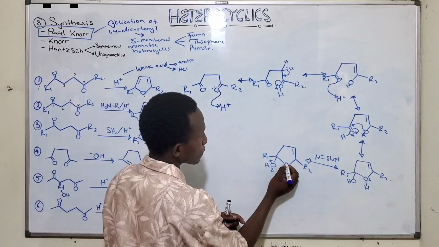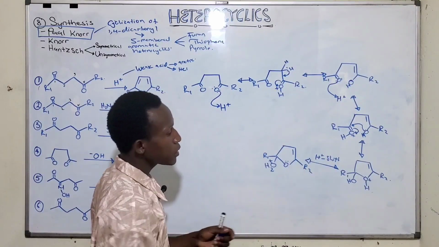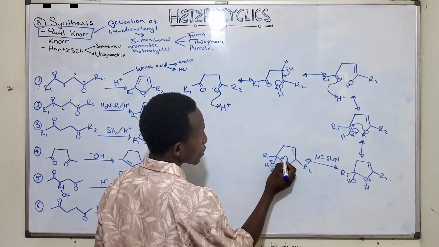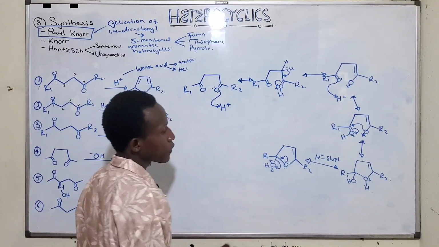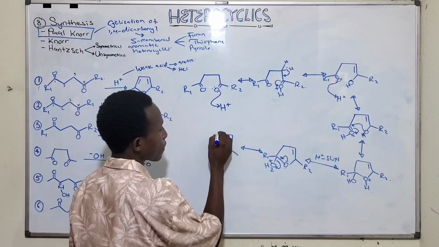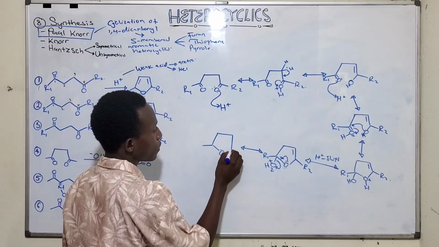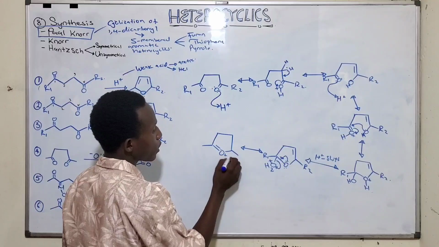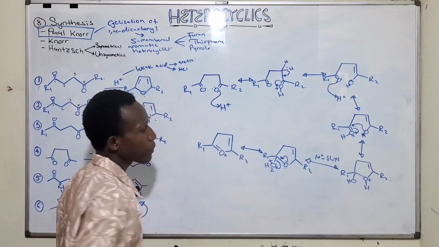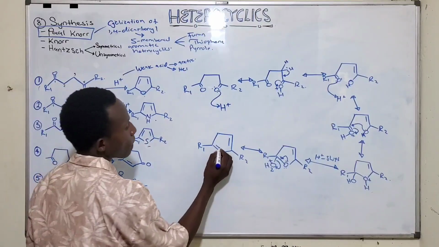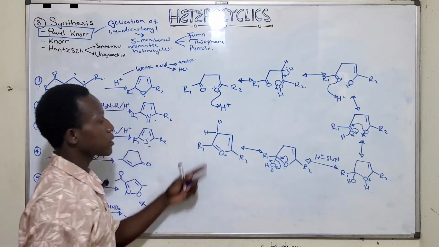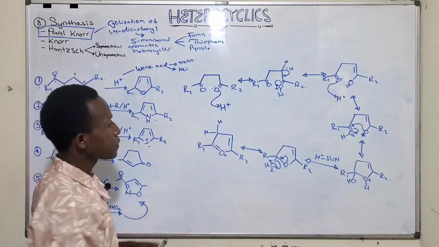So remember, this oxygen is having lone pairs of electrons. When it forms a bond here, this one will break off. When it breaks off, we shall form this O with a double bond. It's now plus, R1, R2, and you're having a bond here. So remember, hydrogen here, this carbon is still saturated.